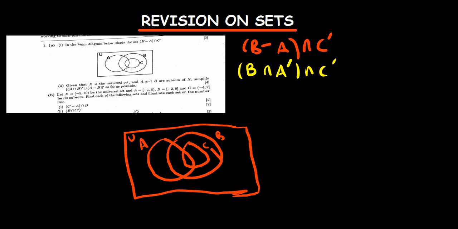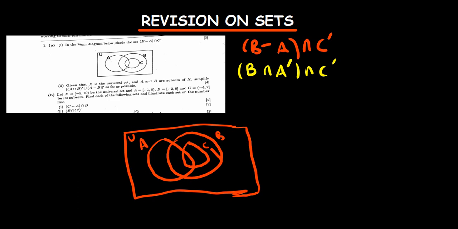So from here, what do you think we're going to do? What set law can we use to simplify this further? Okay, we will not distribute here, but instead we will use the associative law.